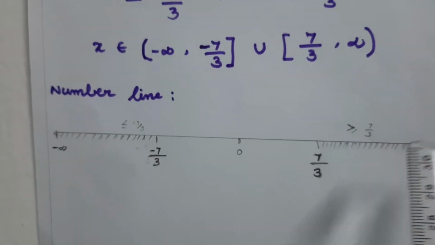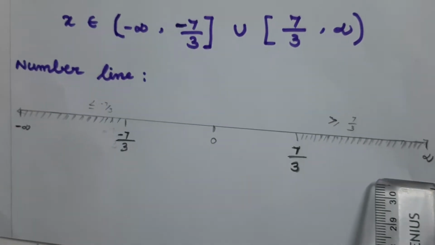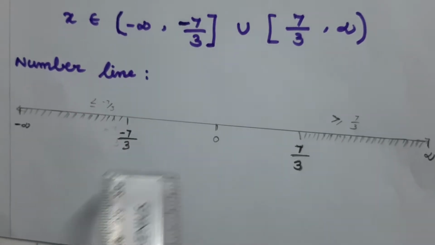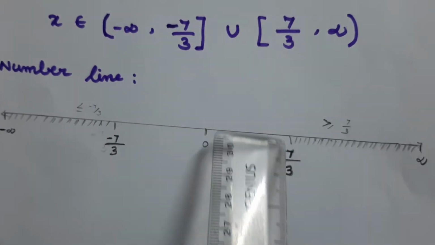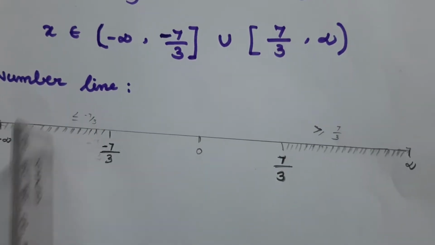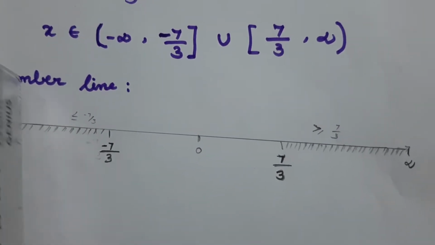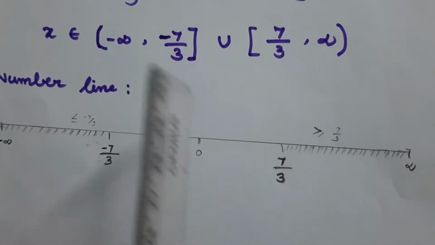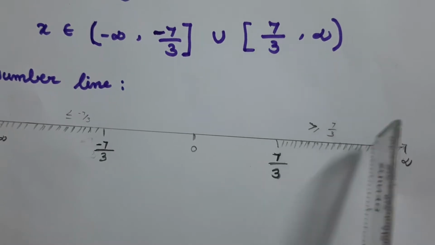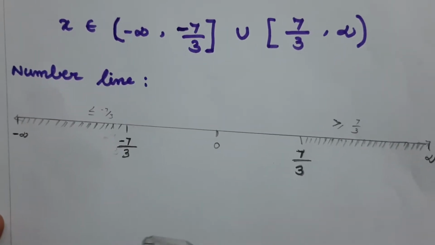The number line is minus infinity to plus infinity. Let us consider somewhere here your minus 7 by 3, and in the same way consider here plus 7 by 3. Less than or equal to means it should be on the left hand side, so this portion. Greater than or equal to means the right hand side of your number line, so these portions. Okay.